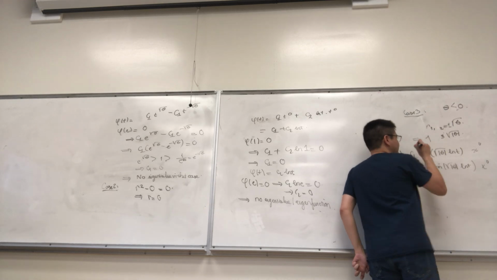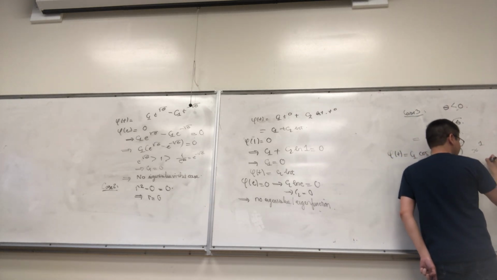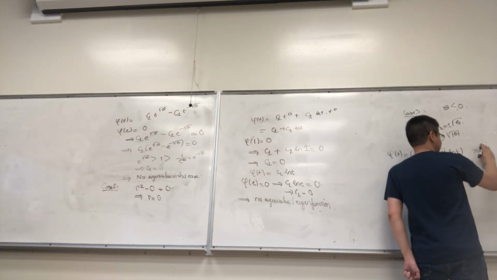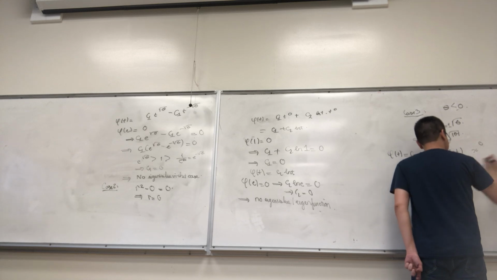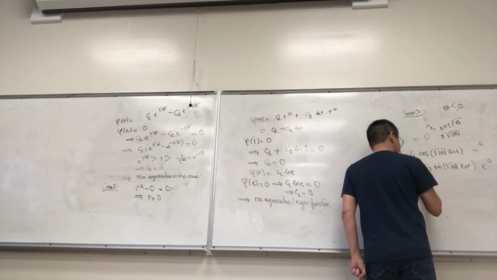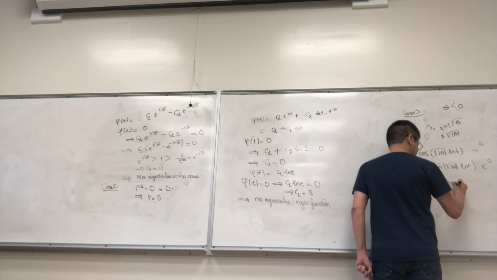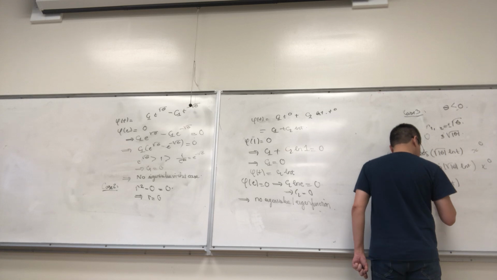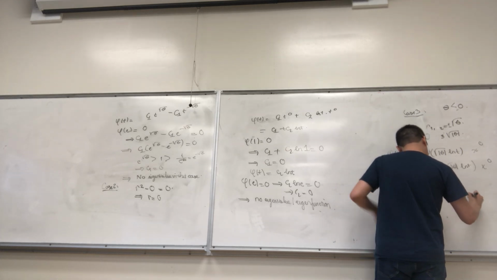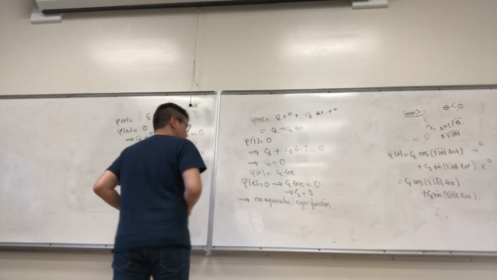So if you have 1 here, this gives you 1, but here it is 0, so it gives you 0. So x to the 0 will be 1. So you have C1 cosine of square root theta log t plus C2 sine of square root theta log t, because x to the 0 gives you 1.